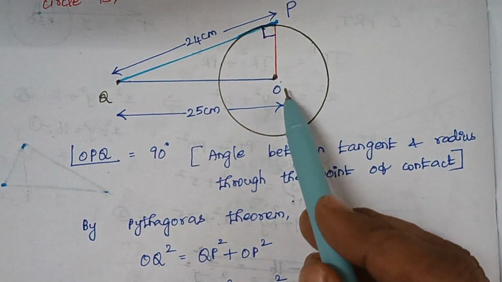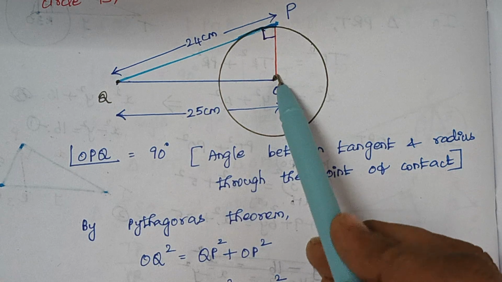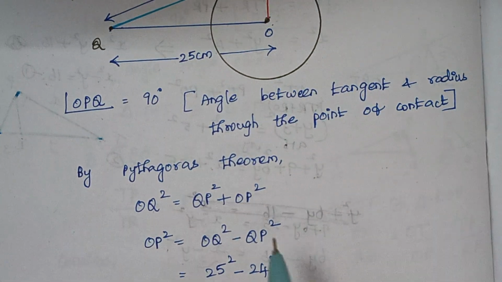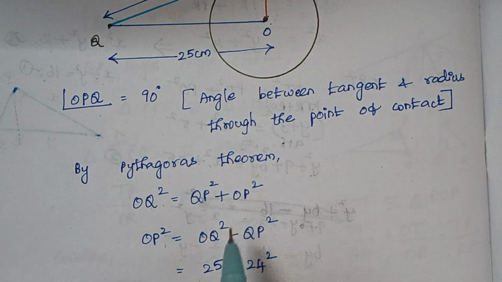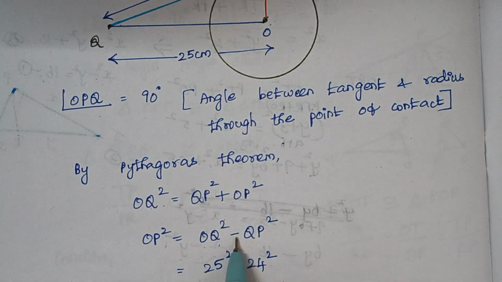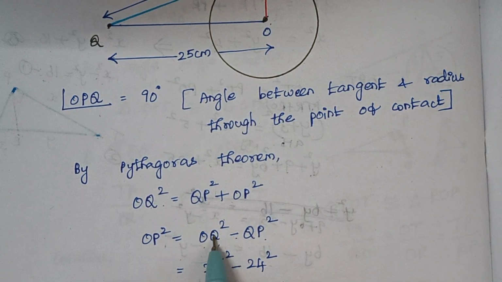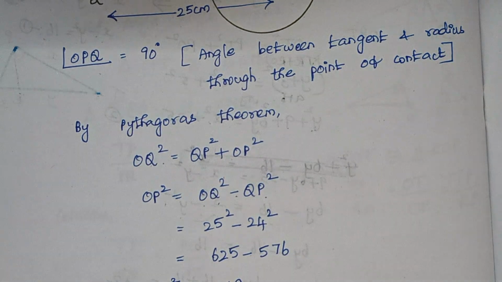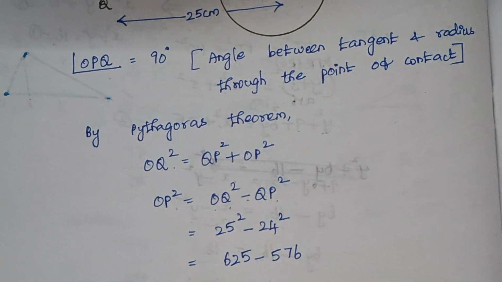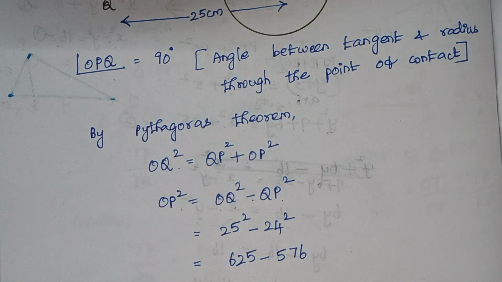so now we need only OP. So just rewrite the expression. OP square is, I am moving this QP square to the left hand side, so OQ square minus QP square. The value of OQ is 25 and QP is 24, so just find the square and substitute the values here.